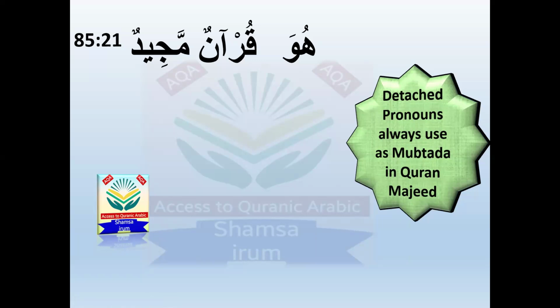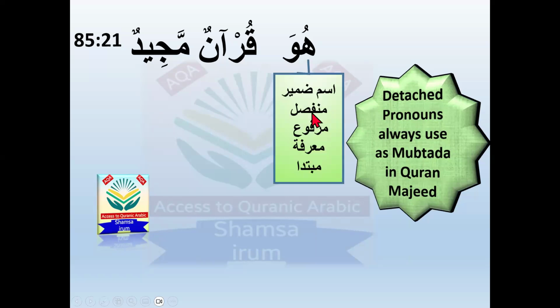So if it is a mubtada, it means the next word, either single or a phrase, will be the khabar. So huwa here is zamir munfasil marfu, because I already explained when we learned these damair that the zamir munfasil are always marfu and always marifa.